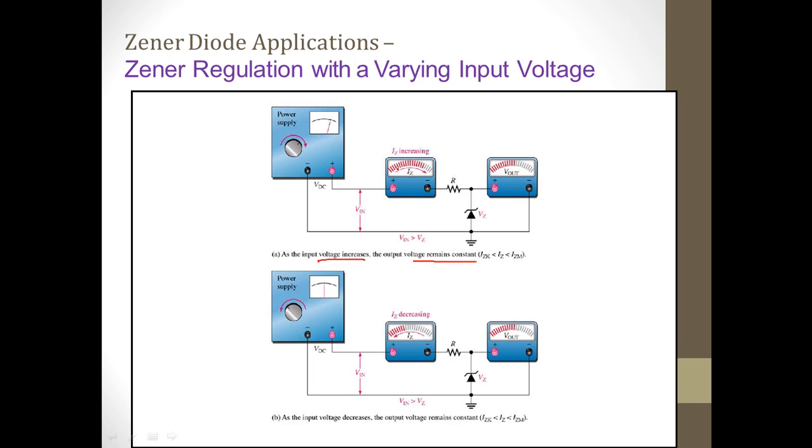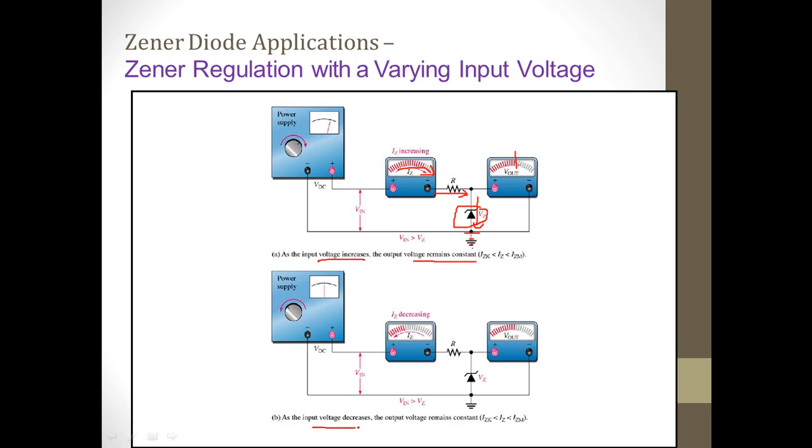So you have increased the input, but the output will always be constant, because most of the current that is coming from here will go down here, as it is in the reverse region. You can see that it will be working in the reverse region, so most of the current will be grounded, and you will be able to keep this output voltage constant.